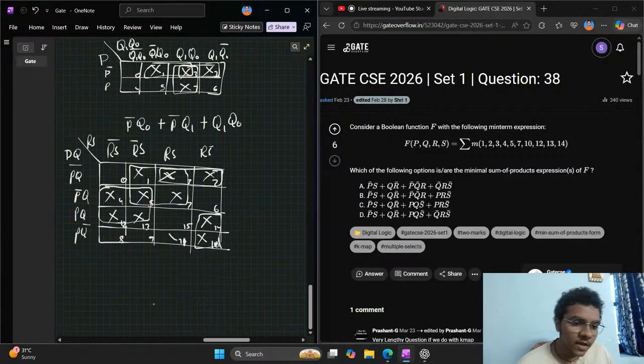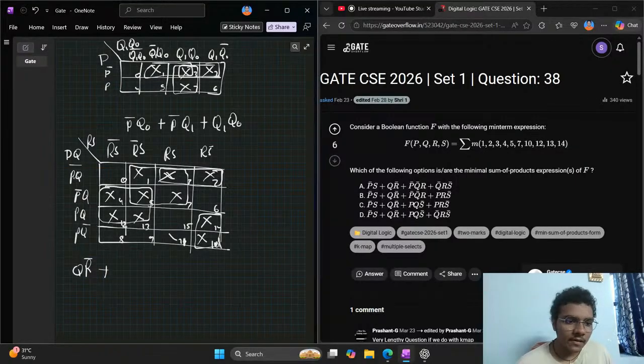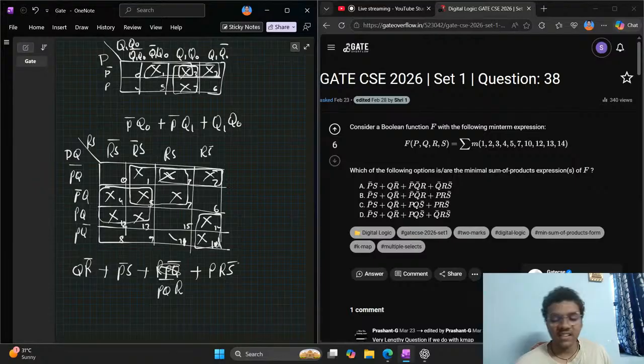Now you will just do this, right? So from these two groupings you will get Q, and from these two groupings you will get R dash, plus Q dash is going to cancel out P dash, and here R dash is going to cancel out S, and from here R S dash, S S dash is going to cancel out R, P Q dash, P dash Q dash R, and Q dash P R S dash.